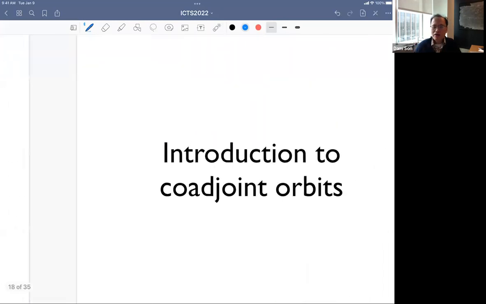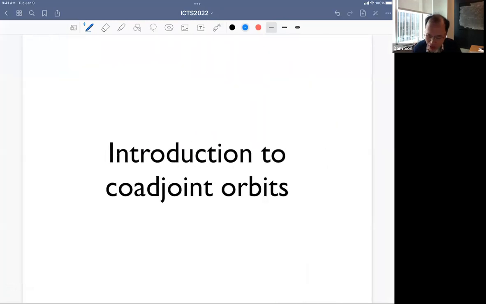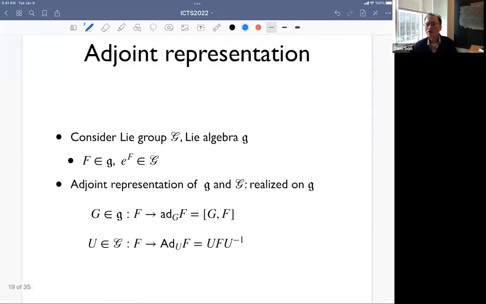Okay, so a very short introduction to coadjoint orbits, just a few transparencies. Consider a Lie group G with the corresponding Lie algebra small g. If we have elements of the Lie algebra, we can exponentiate them to an element of the Lie group.